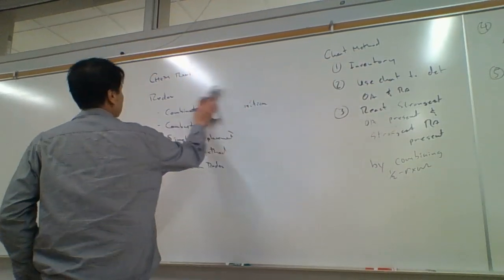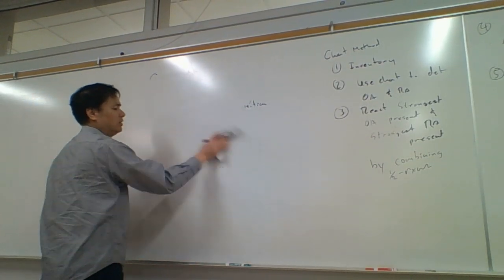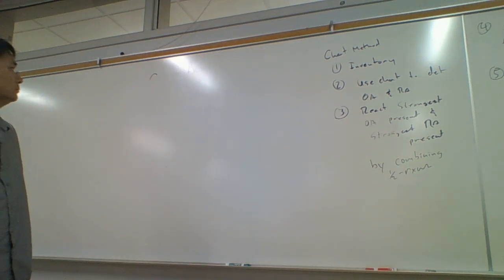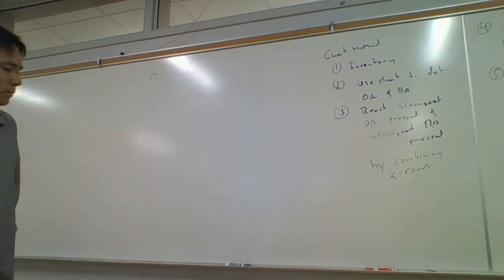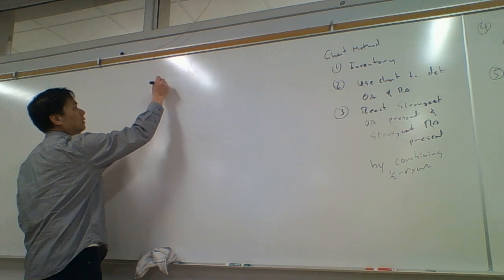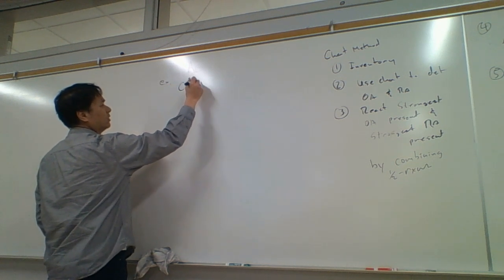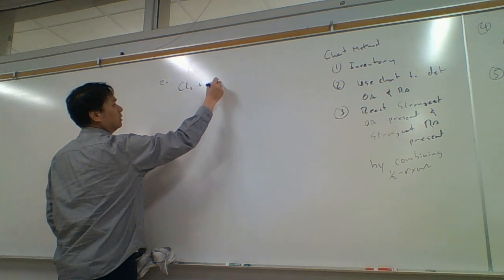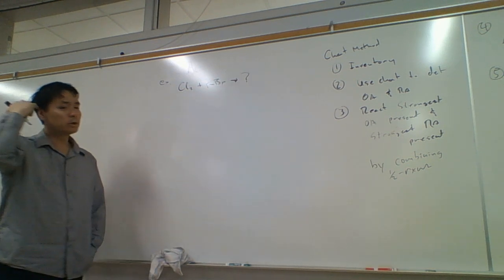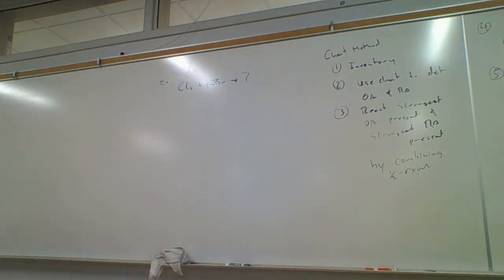So we're going to look at some examples here of this. Okay, here we're going to predict the products of this reaction. When we predict the products of this reaction here, it looks as if it's what kind of reaction?